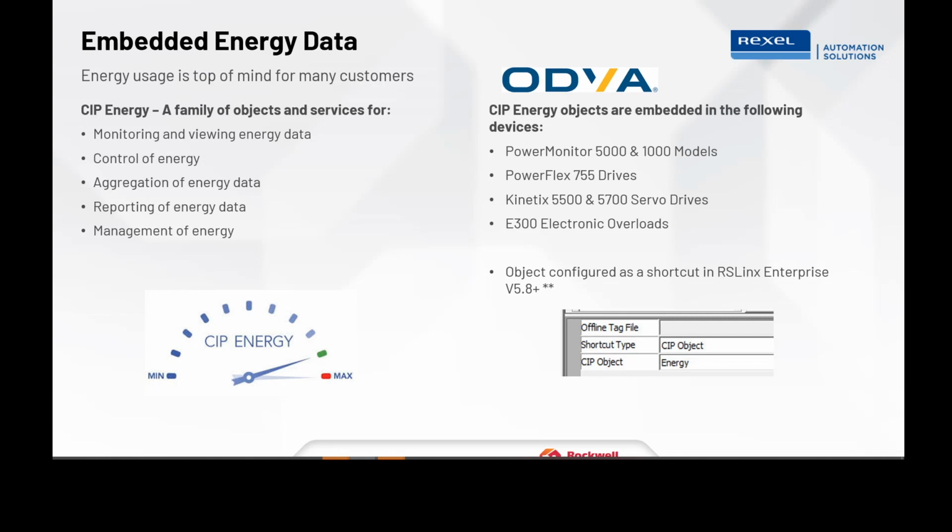So just another tool to help you see where you have high energy uses and maybe start to look at how you could save energy. Or if you need the Power Monitor 5000's power quality monitoring capability, if you need something really accurate to measure your power usage as well.